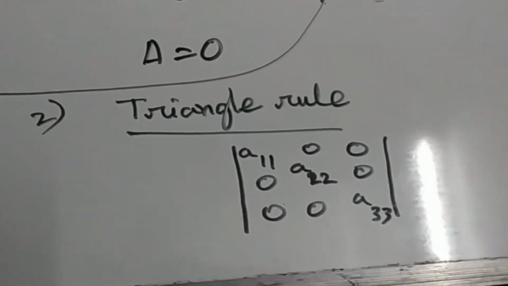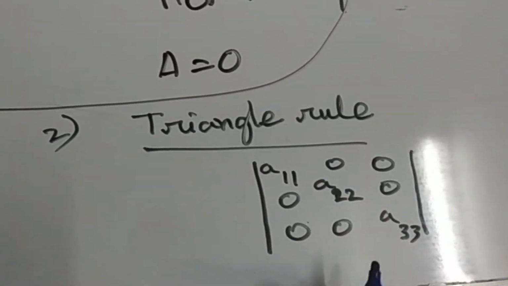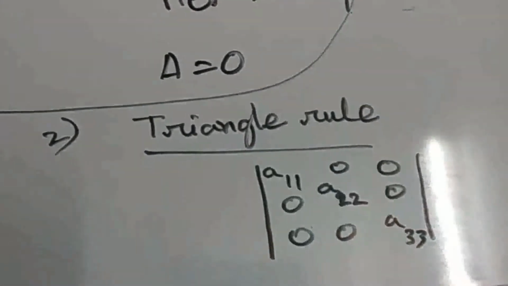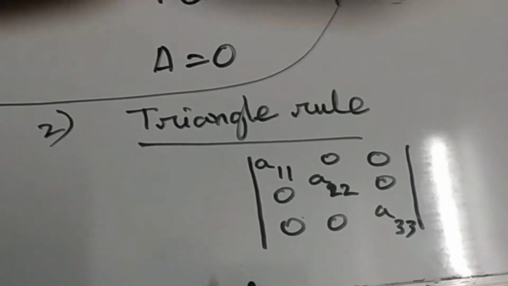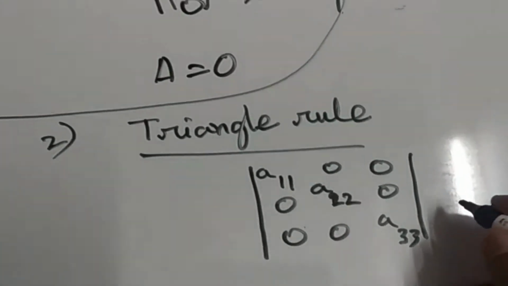So it is a determinant of a diagonal matrix. Diagonal matrix, all of you know, only diagonal elements are non-zero, other elements are 0. So in this case also, this rule is applicable.